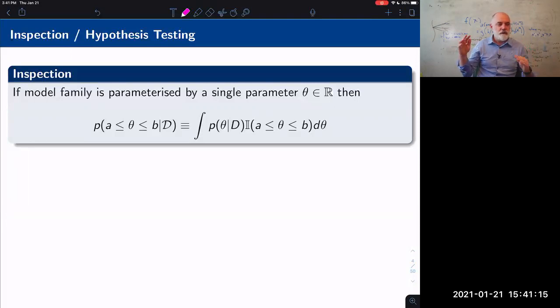So if you want to say whether or not a particular regression parameter lies in some range, or you'd like to compute the probability that some integration parameter lies in some range between A and B, well, the way you frame and answer such questions is to first computationally characterize the posterior distribution in some way, and we'll talk about lots and lots of different ways of doing that, and then estimate the value of this integral somehow.